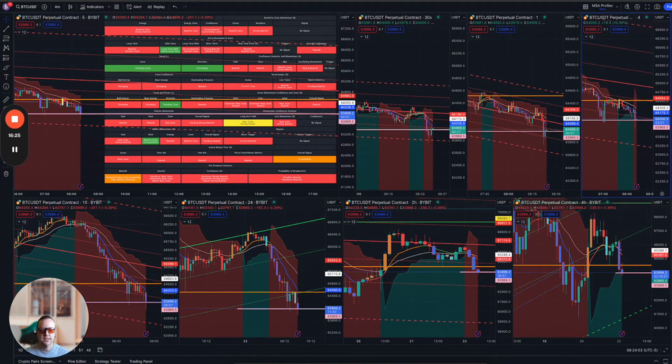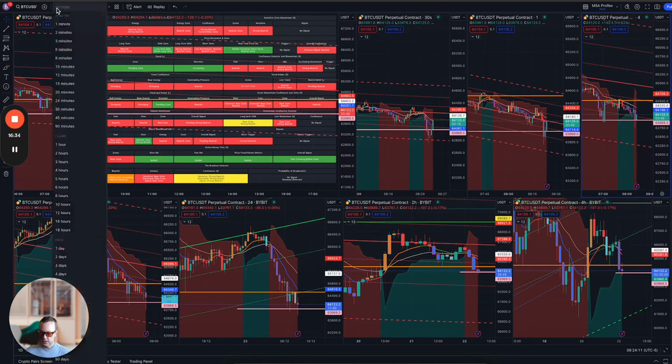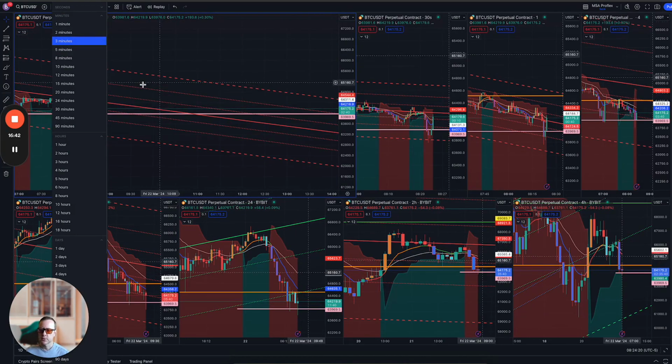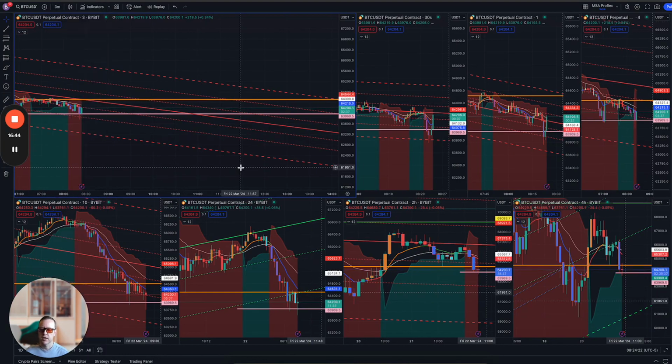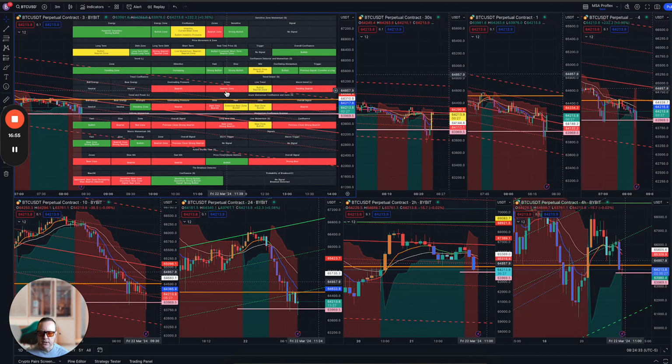We can see that price is retracing a bit, but if I look at the 5-minute trend sniper, it's bearish. If I look here at the 3-minute trend sniper to look for a bit of confluence, to make sure my thesis is valid, I can see we are in the bearish zone, pending bearish zone.